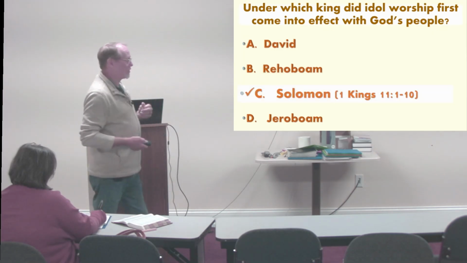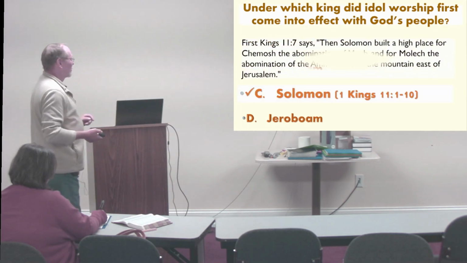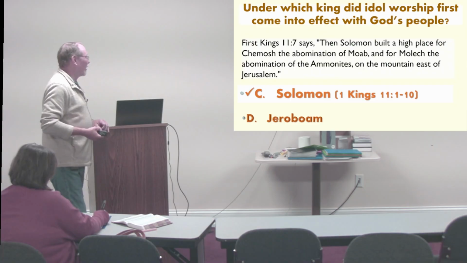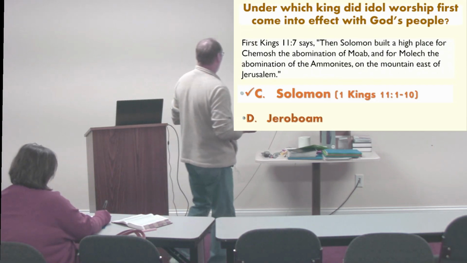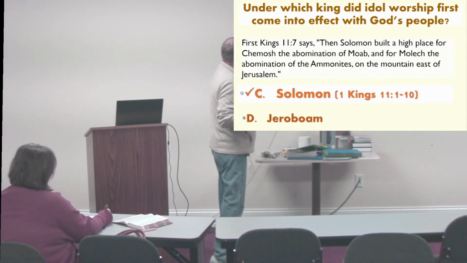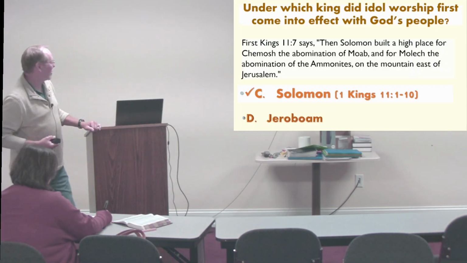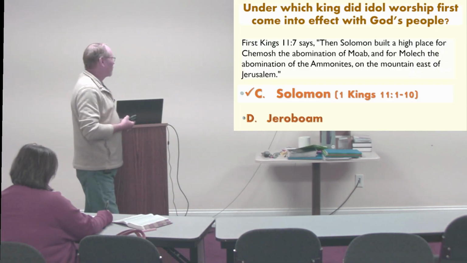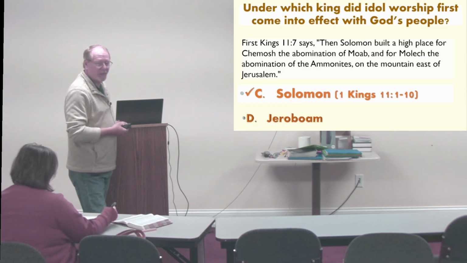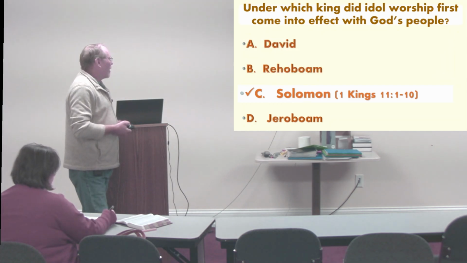He had wives. It was Solomon. Actually, this verse says that he built a high place for Chemosh, the abomination of Moab, and Moloch, the abomination of the Ammonites on the east side of Jerusalem. Solomon did this. And we know what that particular god was about.